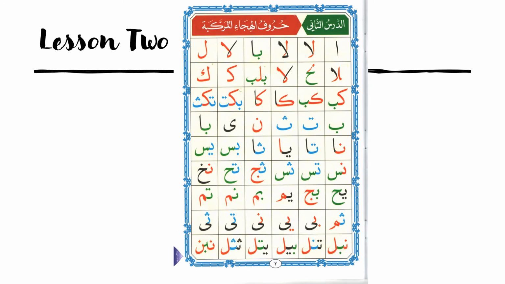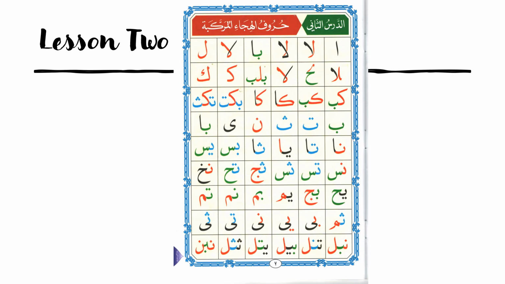So this will show you the shape of the lam in the beginning, and again that goes with the letters ya, ta, ba, tha in the middle and in the beginning.